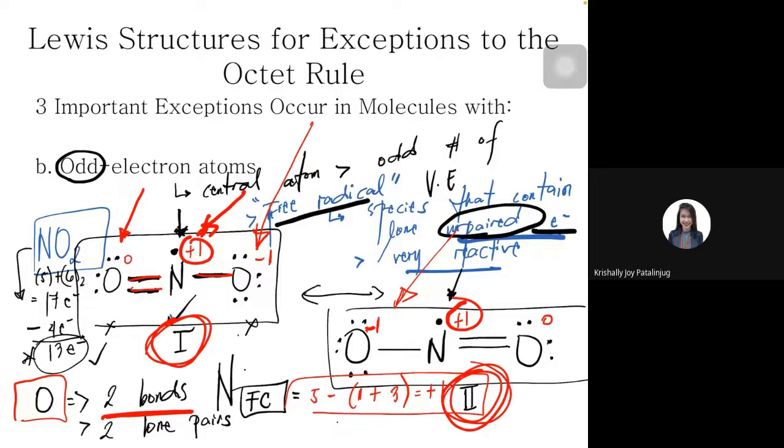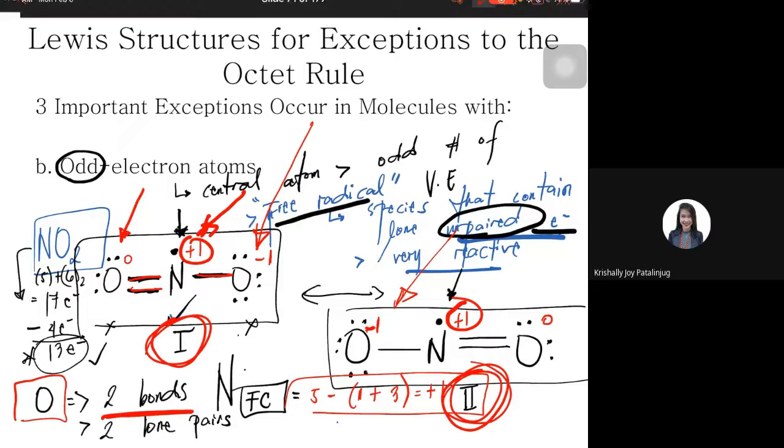Equally contributor sila sa resonance hybrid. And what is your hint dito? 'Di ba kapag parehas lang yung surrounding atoms, automatic equally contributor sila sa resonance hybrid. For resonance structures, they are all equally contributor to the resonance hybrid.